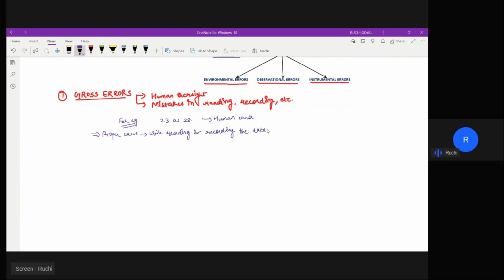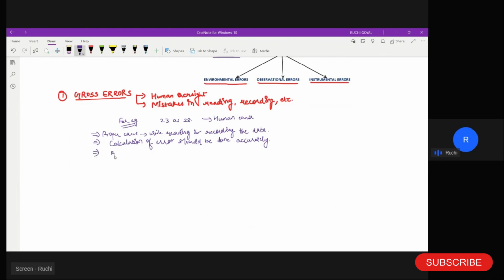Whenever we are recording or reading any data, we have to take proper care. Next, how can we minimize this error? Calculation of error should be done accurately, right? And the next point, how can we reduce the gross errors?